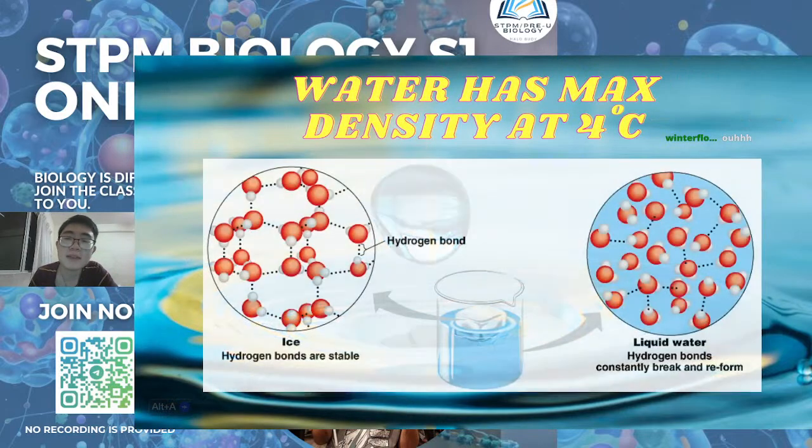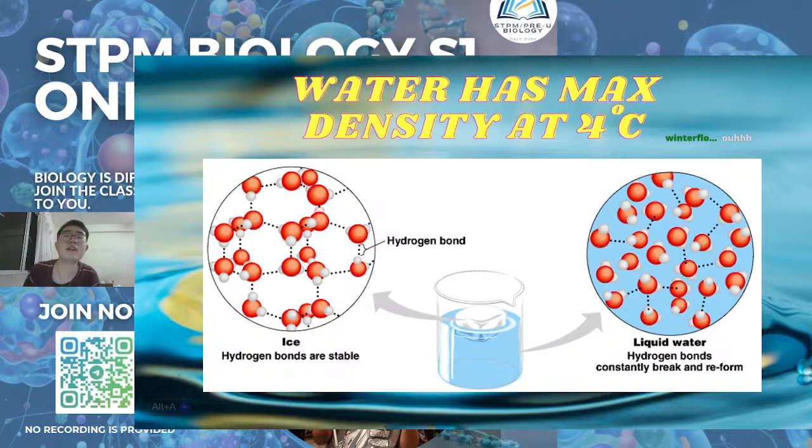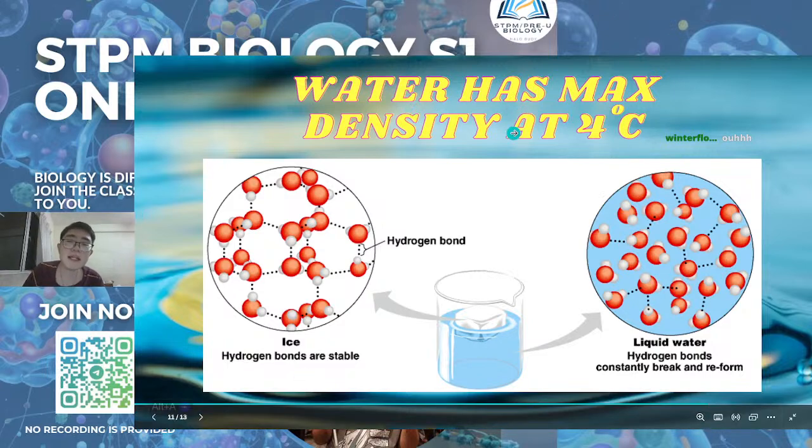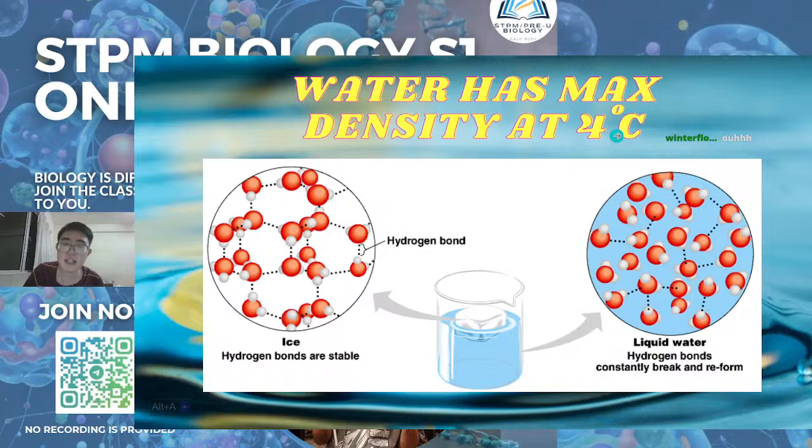Okay. Next is also a special characteristic of water compared to other molecules, because water has its maximum density at 4 degrees Celsius. Other types of components like alcohol or salt have maximum density at 0 degrees Celsius.